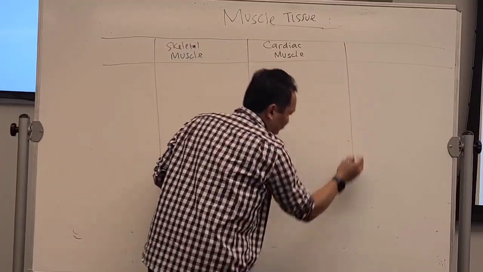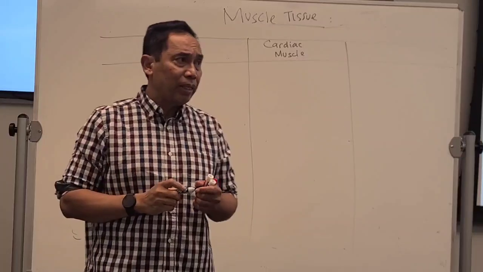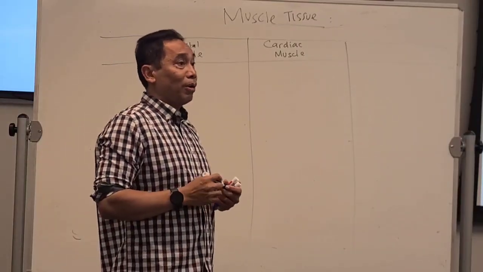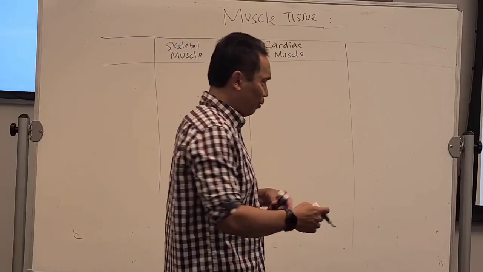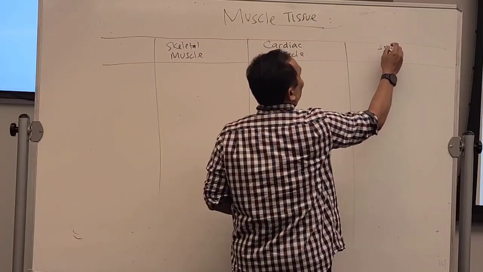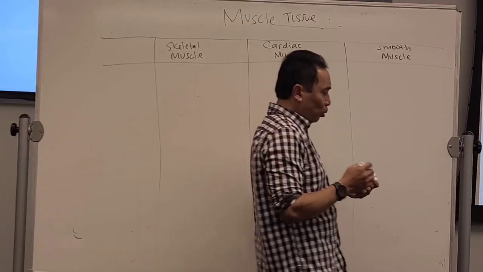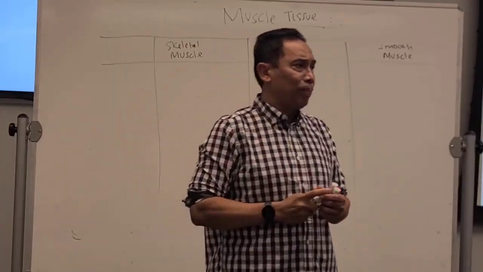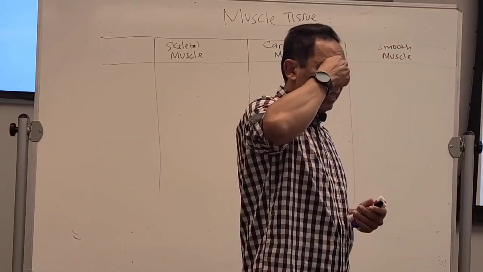And the last one are the muscles mostly located in hollow organs, like your blood vessels, GI tract, respiratory tract, urinary tract. It's called smooth muscle.